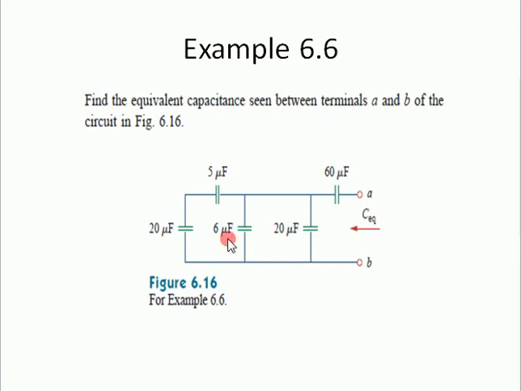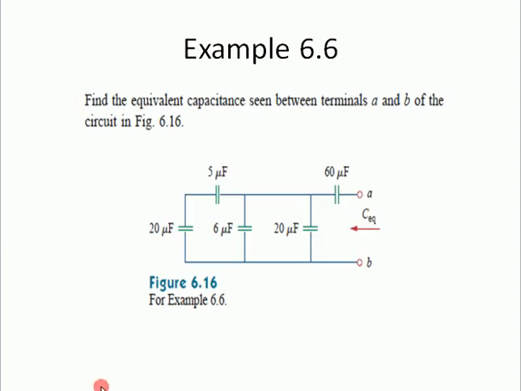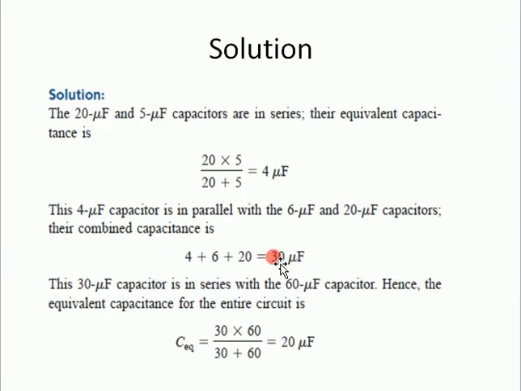Now this 26 is in parallel with 4 microfarad. So 26 plus 4 is equal to 30. Here we are solving all three capacitors connected in parallel: first solving two, and then the last one is added.